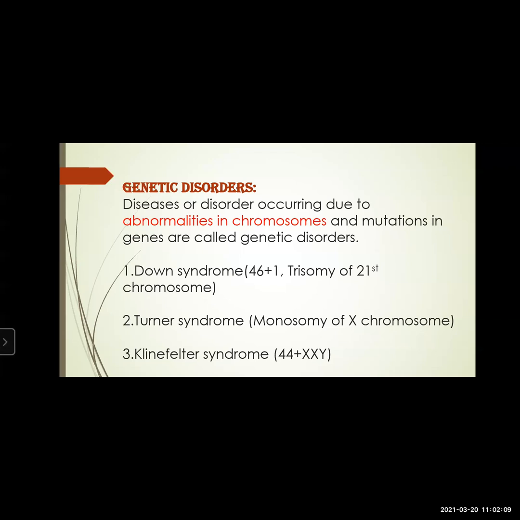If they are men, what should be their chromosomal condition? 44 plus XY. But in this case, it becomes 44 plus XXY. One extra X chromosome is there due to some abnormality in the chromosome, and which leads to Klinefelter syndrome. So these are all genetic disorders: Down syndrome, Turner syndrome, Klinefelter syndrome.